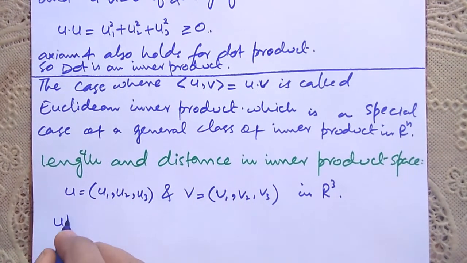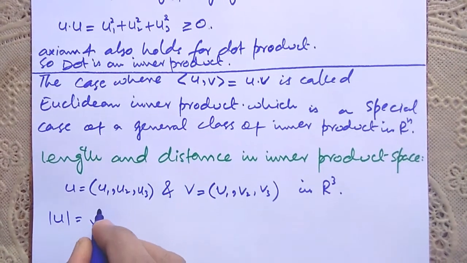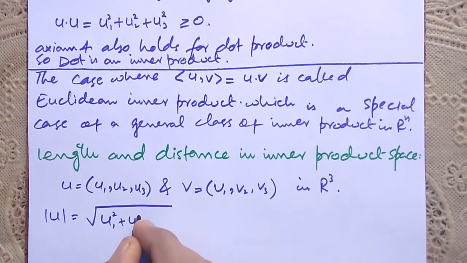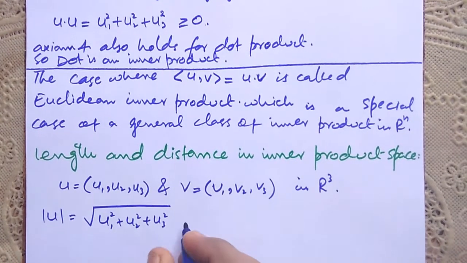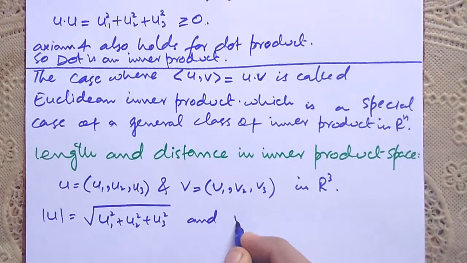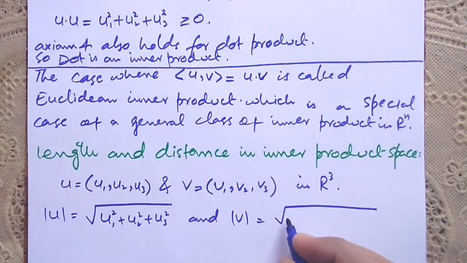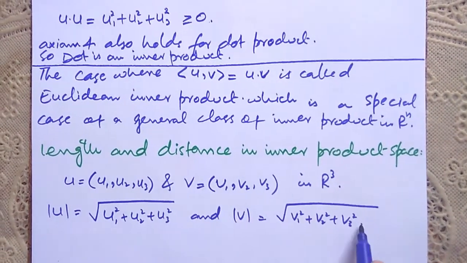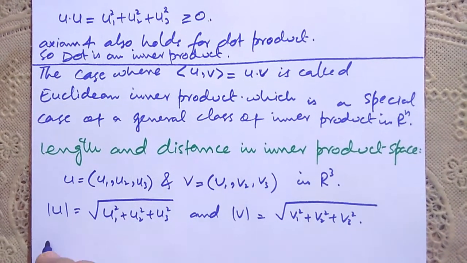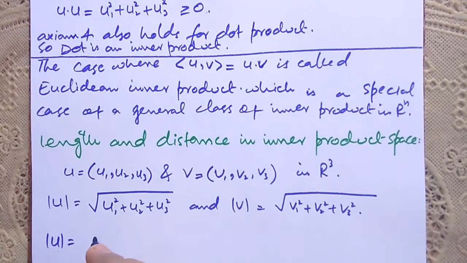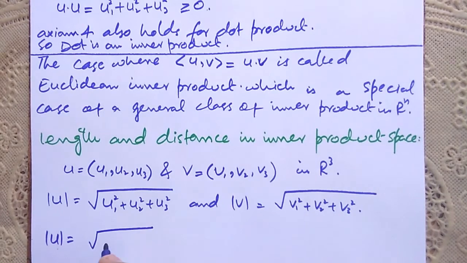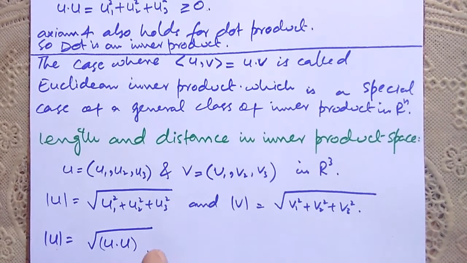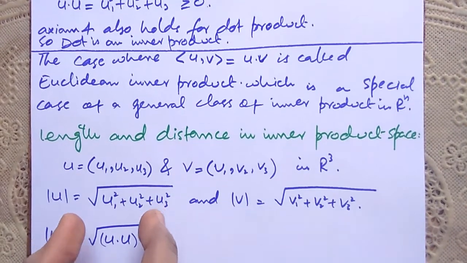You know, length of vector is the square root of the u1 square plus u2 square plus u3 square, and length of v will be the square root of v1 square plus v2 square plus v3 square. But observe that you can write it as magnitude of u is equal to the square root of the inner product of u to itself. Means when you simplify it, you will get the same result.